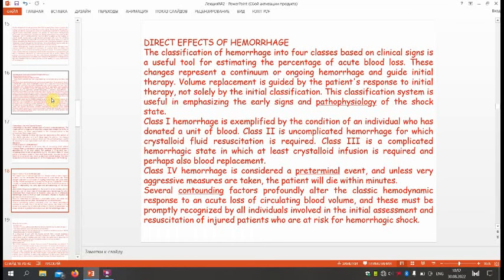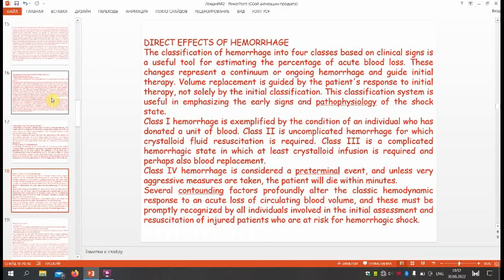Volume replacement is guided by the patient's response to initial therapy, not solely by the initial classification. This classification system is useful in emphasizing the early signs and pathophysiology of the shock state.